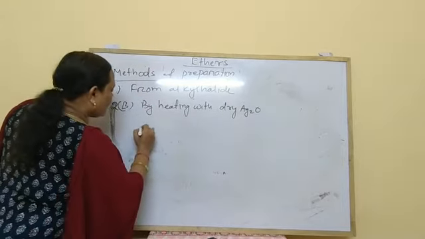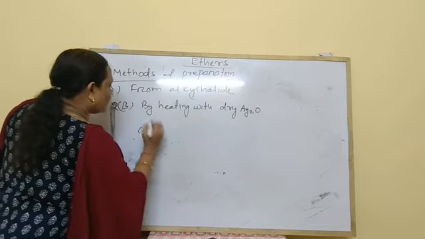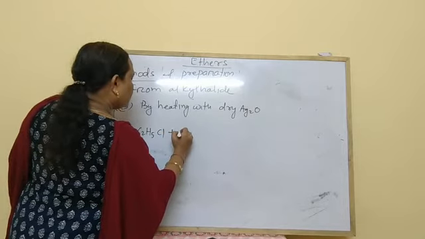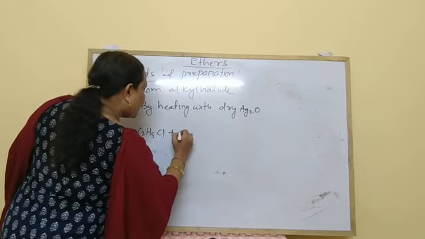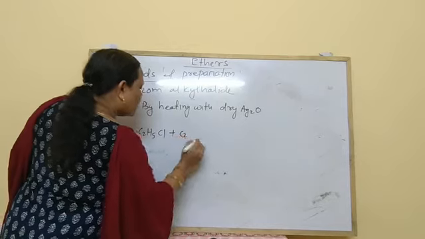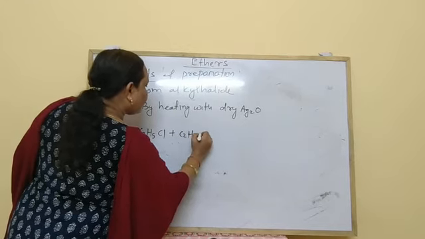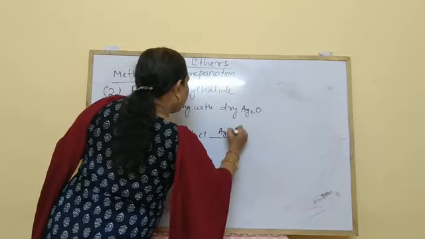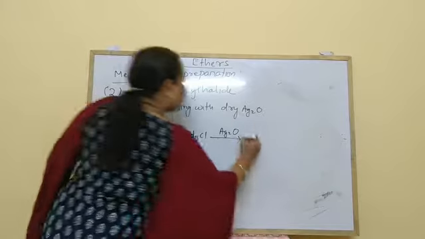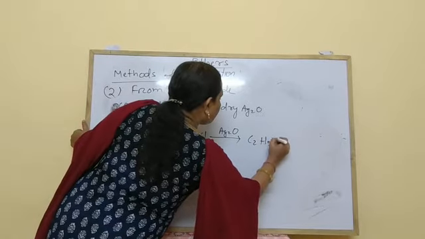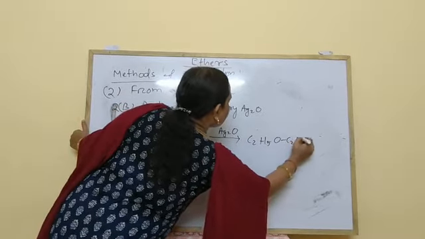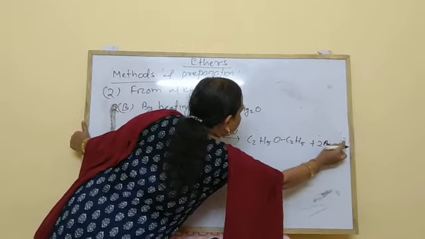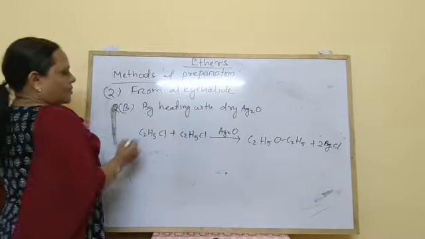For example, 2 C2H5Cl plus Ag2O forms C2H5OC2H5 plus 2AgCl.